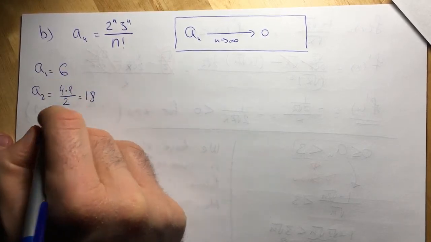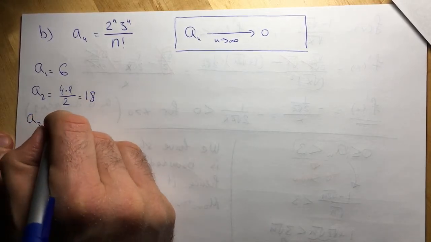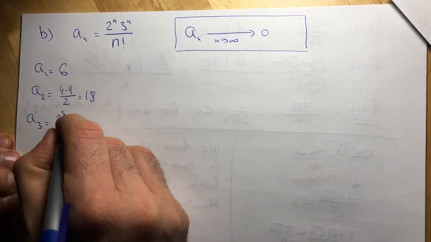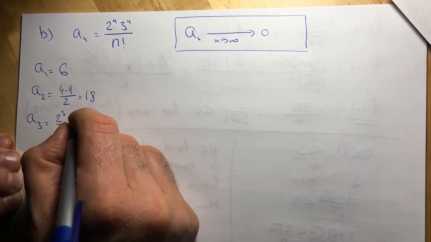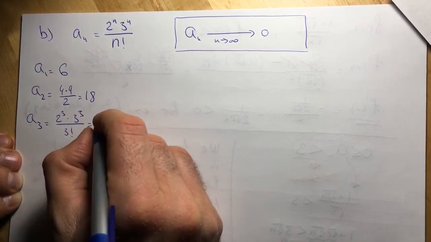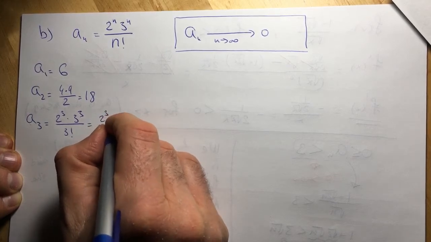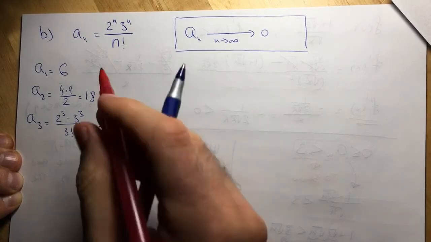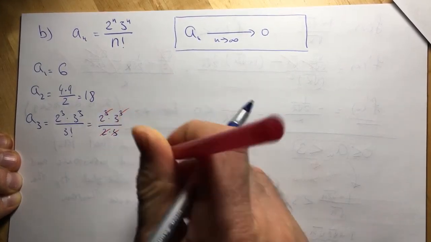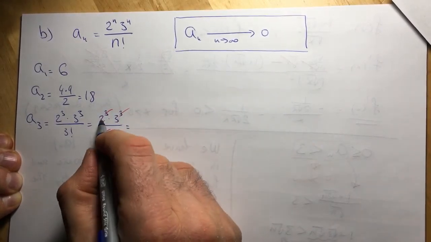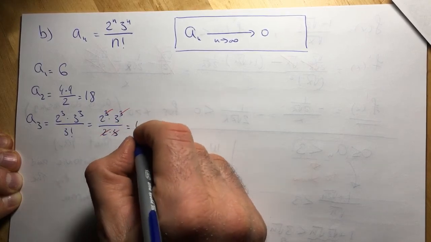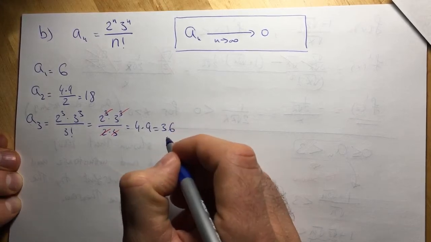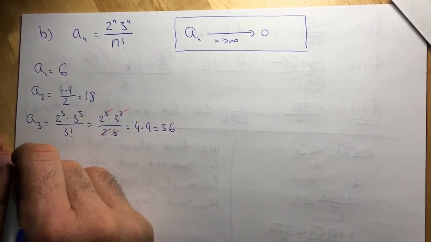So the sequence is increasing. a_3 is 2 to the power 3, which is 8, times 3 to the power 3 over 3 factorial, which is 2 times 3. So we cancel this, and I have 2 to the power 2 is 4, 4 times 9, which is 36. Okay, obviously this sequence is increasing, right?